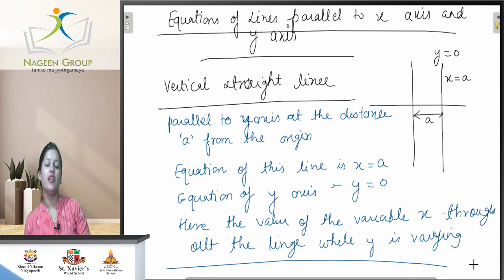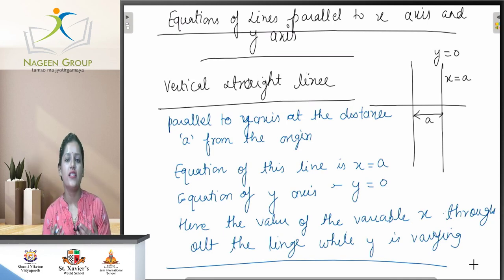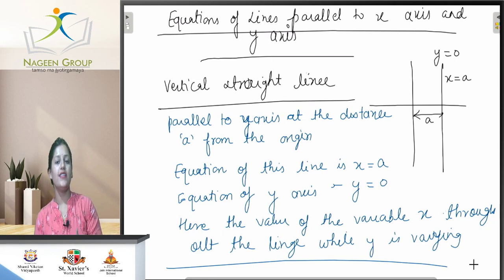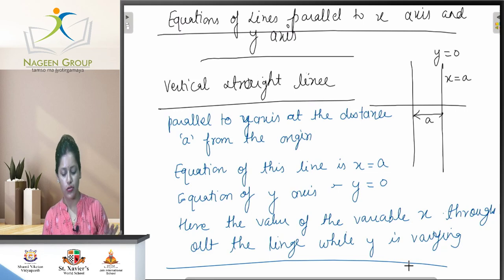Have you understood? When the line is a vertical straight line, the equation is x is equal to a, at the distance of a units from the origin, while x is equal to 0 is the y-axis.